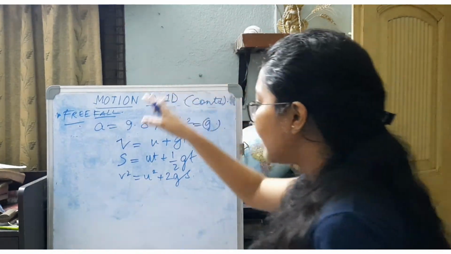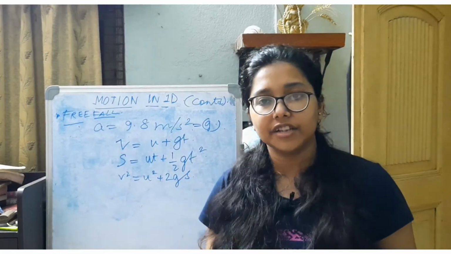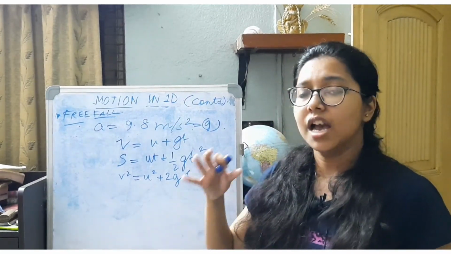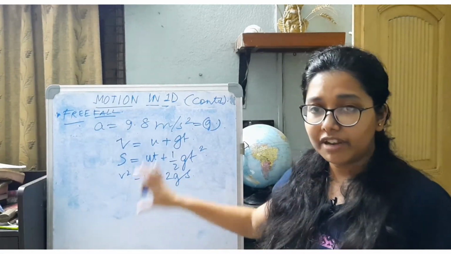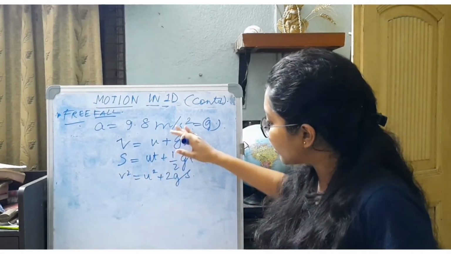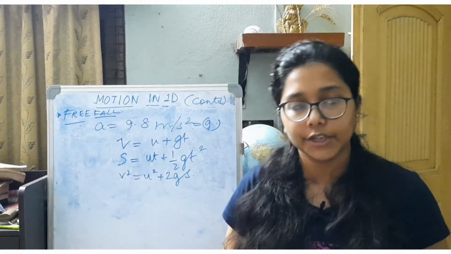Okay. The derivations remain the same just like for any other uniformly accelerated motion. For uniformly accelerated motion also and for free fall also, the derivation is the same. For free fall, we just have to put in the value of g, which is 9.8 meter per second square.